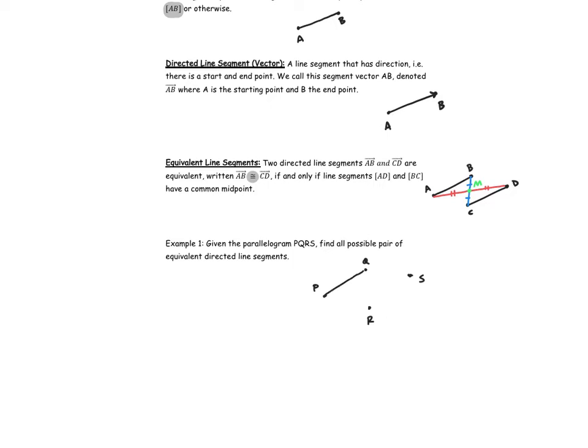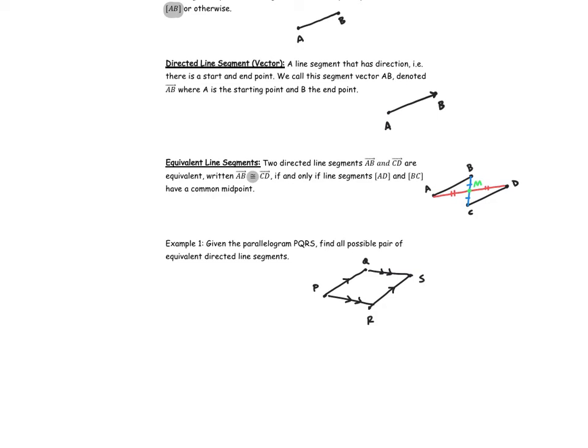Okay, if I have a parallelogram, PQRS, okay, meaning opposite sides are parallel, that tells me that the opposite sides are headed in the same direction. So QS would be headed in the same direction as PR, and PQ in the same direction as RS. Given the parallelogram PQRS, find all possible pair of equivalent directed line segments.